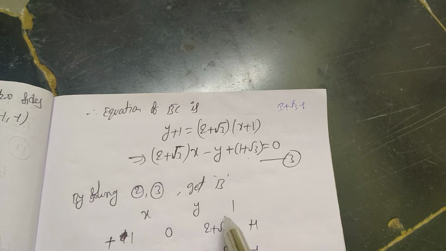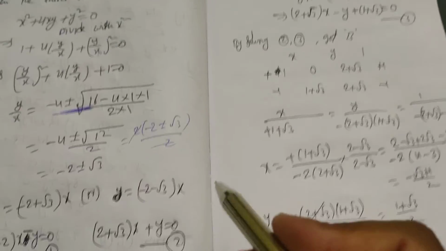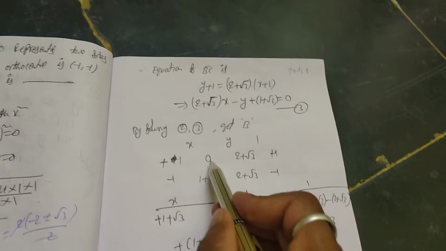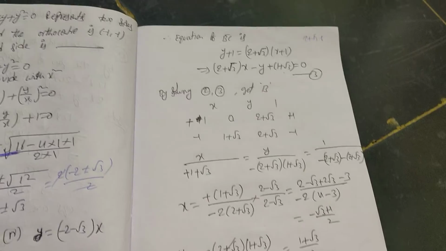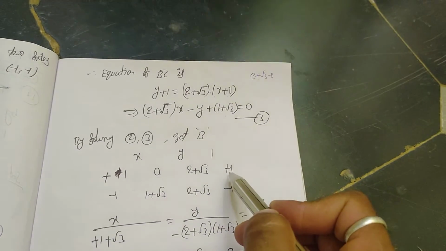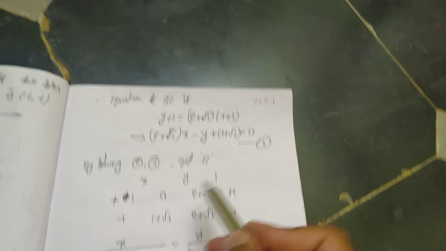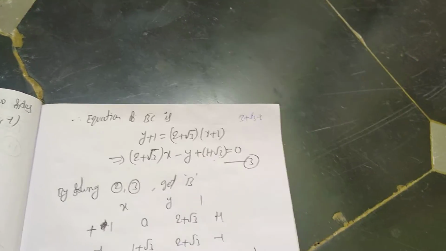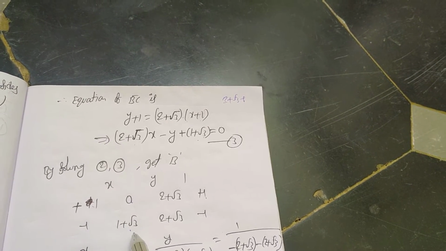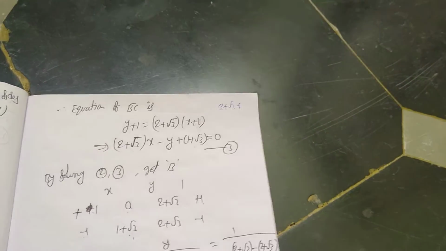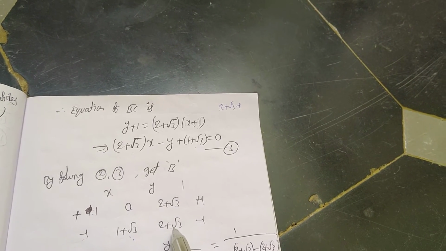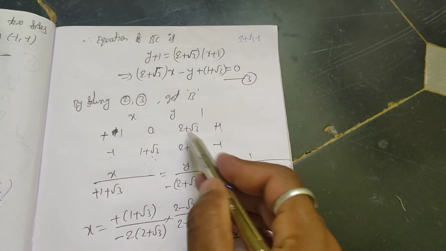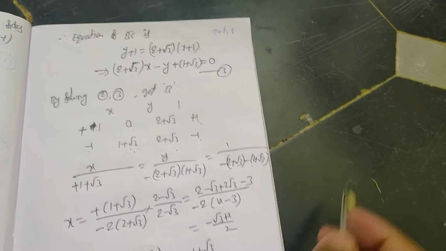So for the second equation, the coefficients are: if you start from the y coefficient 1, the constant is 0, the coefficient of x is 2 plus root 3, and again the y coefficient is 1, and starting from here, minus 1, 1 plus root 3, 2 plus root 3 minus 1. So x by 1 into 1 plus root 3, 1 plus root 3 minus 0, is equal to y by 0 into 2 plus root 3, 0 minus of 1 plus root 3 into 2 plus root 3, is equal to 1 by 2 minus 2 plus root 3 minus 2 plus root 3.